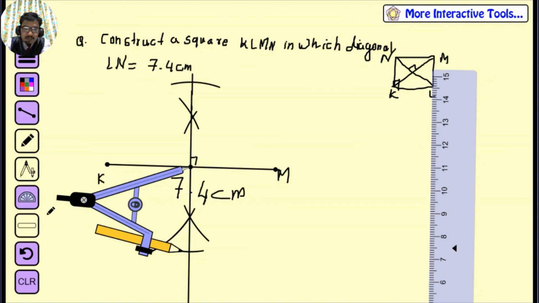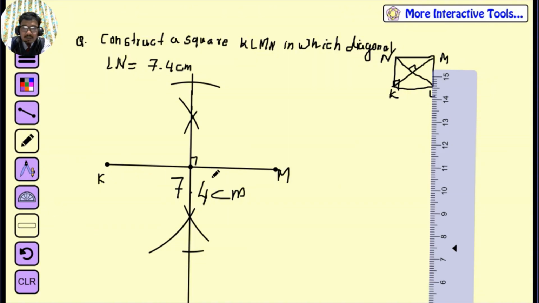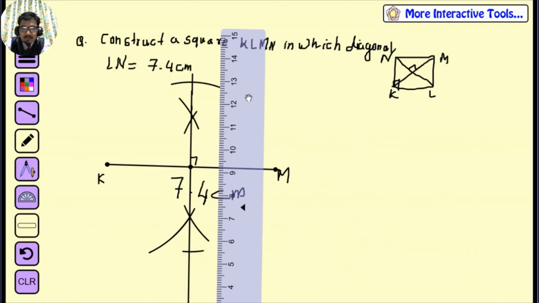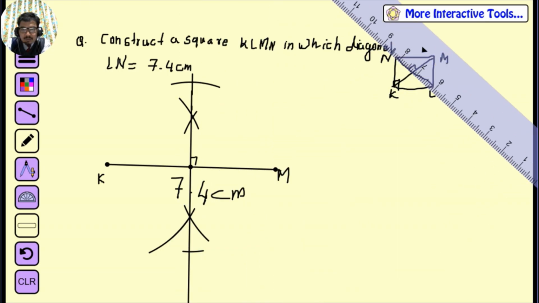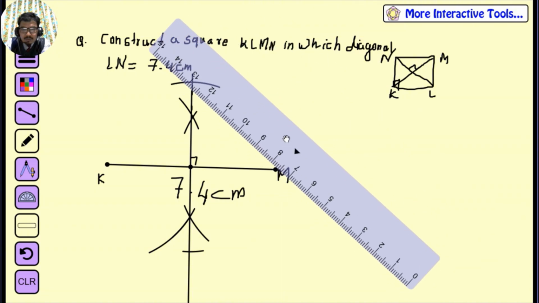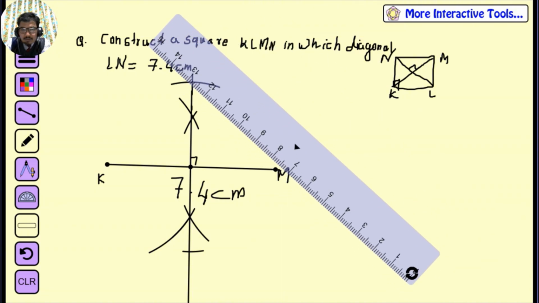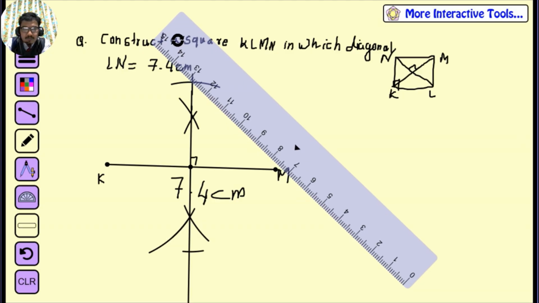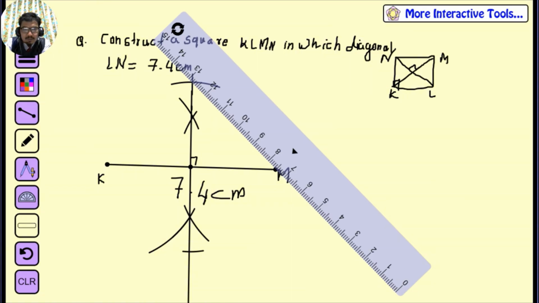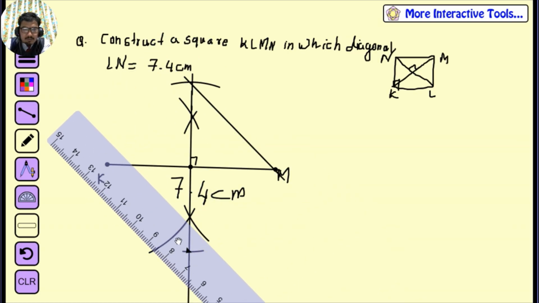Now wherever the arcs cut each other, join them. See here, like this we have to join these two. Put the ruler like this and join here, and do the same thing here also.